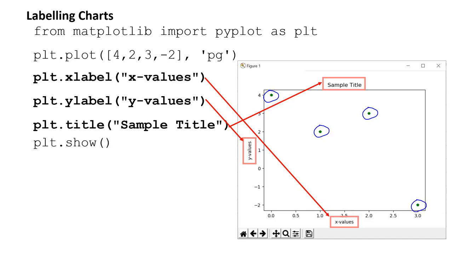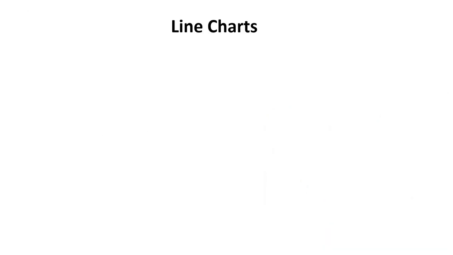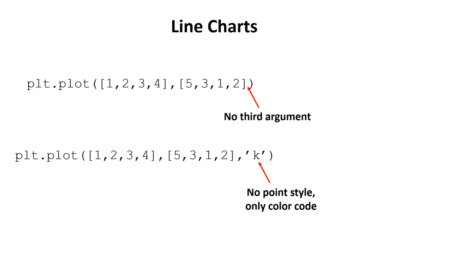Line charts are also plotted using plot function only. Let us see how. If the plot function is used with 1 or 2 lists or tuples as parameters and no point style specifier like this or like this, then plot function joins consecutive points with lines to produce a line chart. Let us see an example.